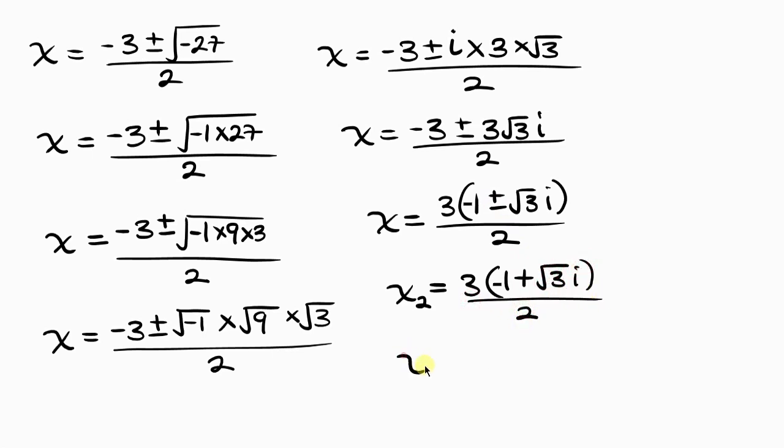And the last solution, which is x sub 3, is equal to 3 times 1, this time we take the negative, minus the root of 3 i all over 2. And these are final solutions. So we have one real solution and two complex solutions.